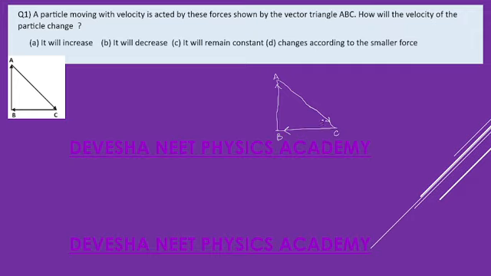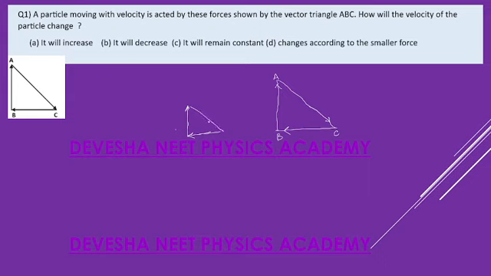So before I go there, let me just give you a brief about the vector addition. How do we do the vector addition? Imagine that you have a vector like this, and there is a vector like this also, right? So when you add these vectors, this will result in a vector like this.